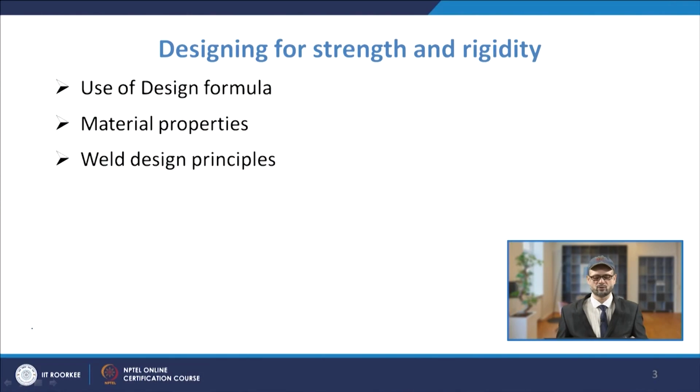But you also have to take into consideration the weight of the specimen itself. You will have to keep all these considerations in mind when you are designing the weld for strength and rigidity.